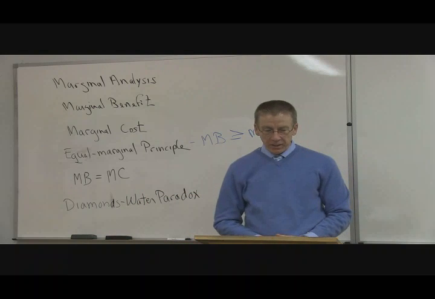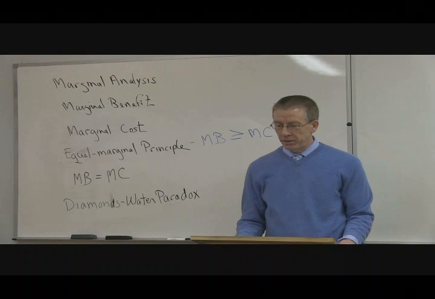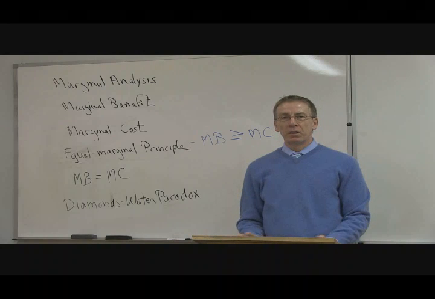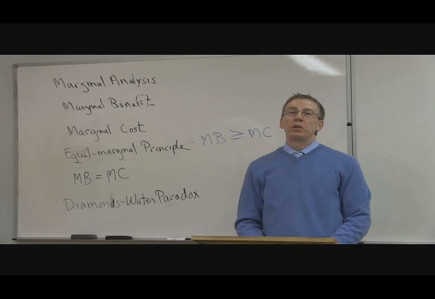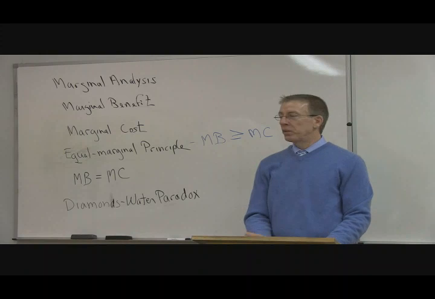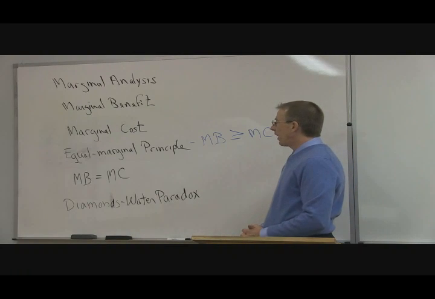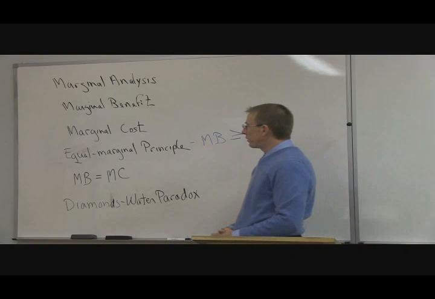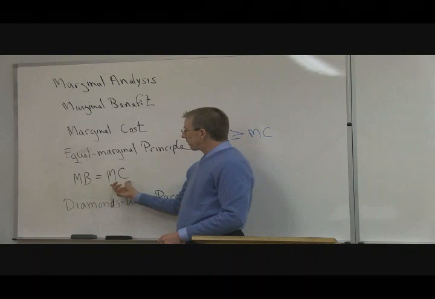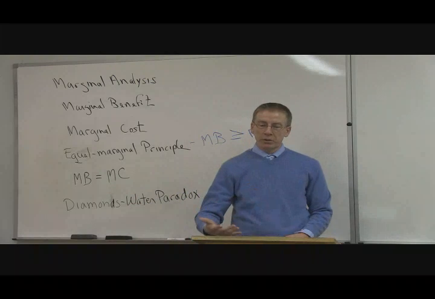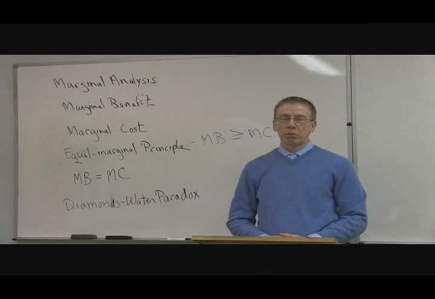So in our next video, that's our challenge: how can we use that supply and demand model to answer the question of our diamond-water paradox, but maybe more importantly, how do we get an understanding that prices reflect the benefits and costs put on the production and or consumption of a product.